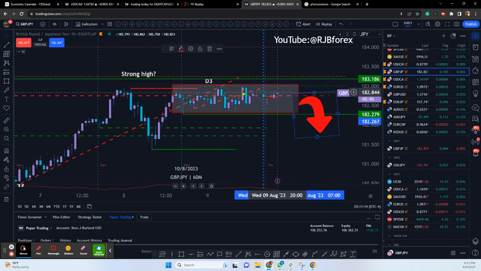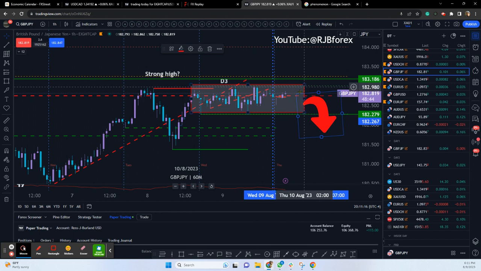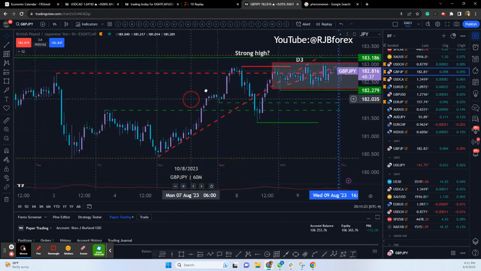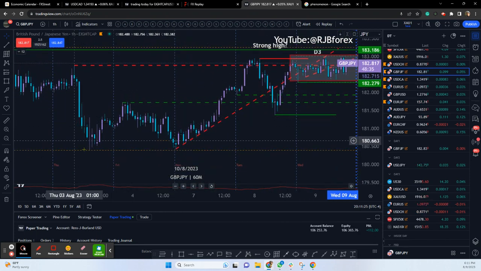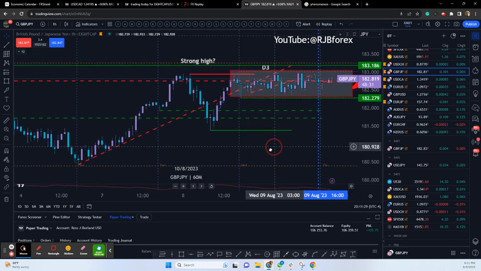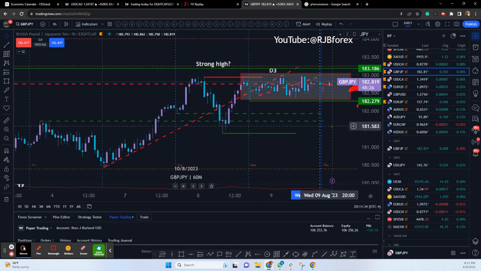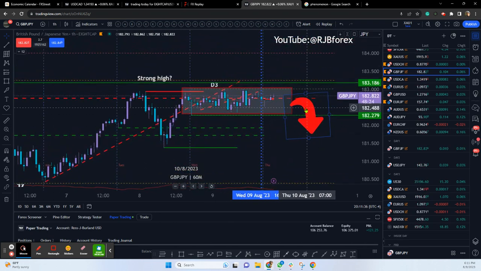Now day 1, day 2, we're looking for a continuation of the upside. But how many days of breakups have we got in the market? 1, 2. So potential continuation for sterling yen.